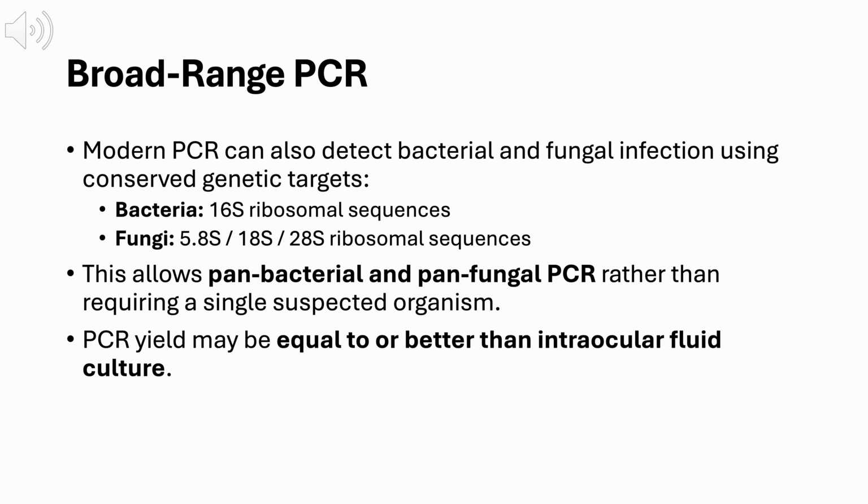Fungi share their 5.8S, 18S, and 28S ribosomal sequences. By targeting those universal genes, you can run a pan-bacterial or pan-fungal test rather than guessing a single culprit, casting a wide net instead of a single hook. And the yield can equal or beat traditional intraocular fluid culture. It's especially valuable when you know there's an infection, but not which organism.